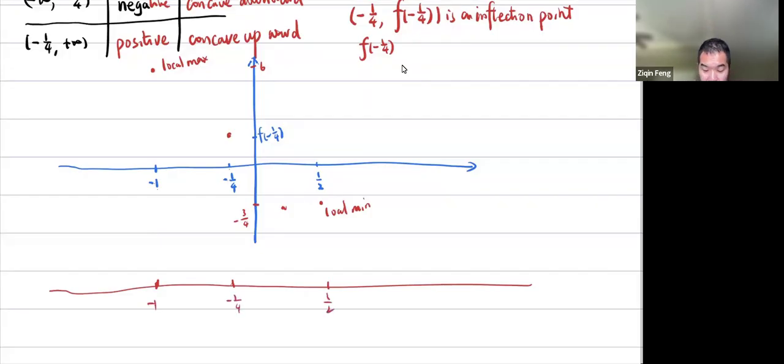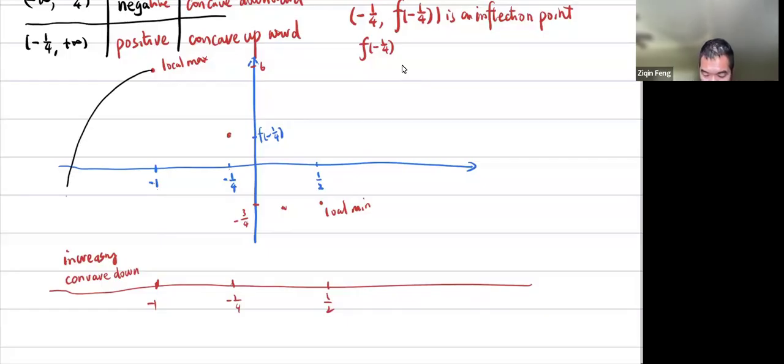Left side of negative 1, the function is increasing and also concave downwards. So if you try to sketch it, let's use black, the function looks like this, increasing, concave downward.